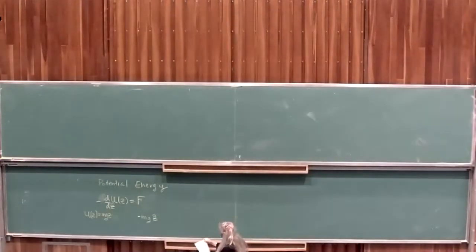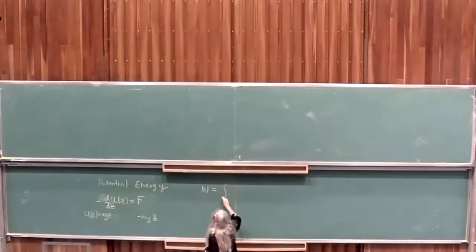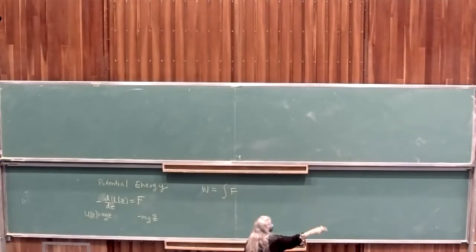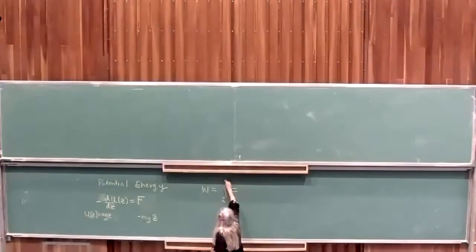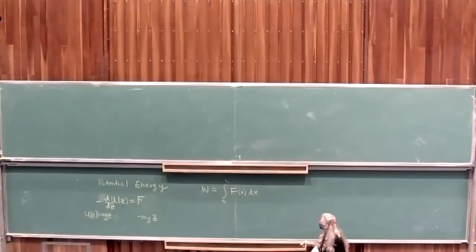Okay, so let's go to potential energy. Let's remind you guys what we did last time. We wrote the work as an integral of force times distance. Instead of using Z, which I did for the pendulum, we'll just use x.